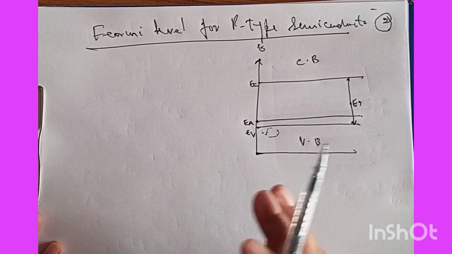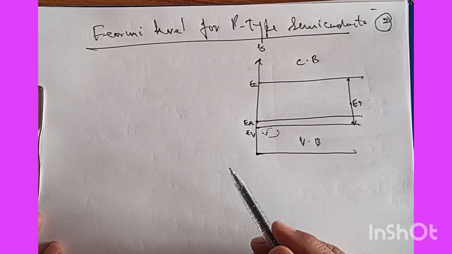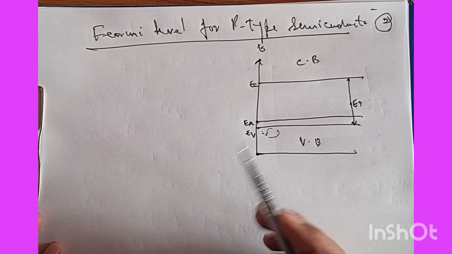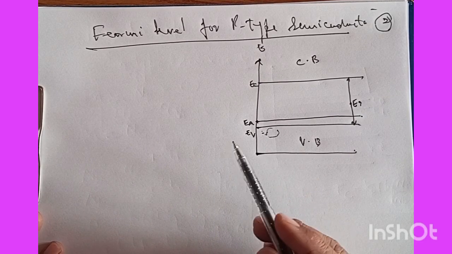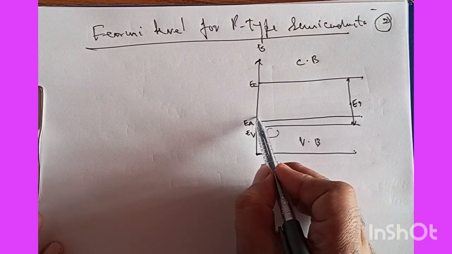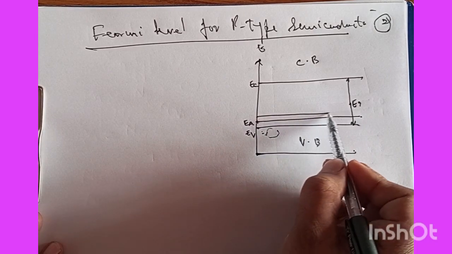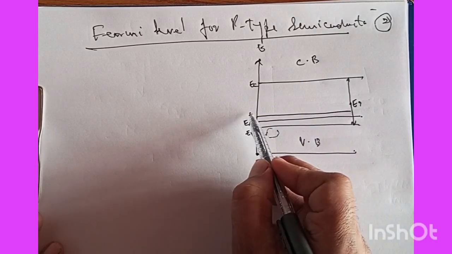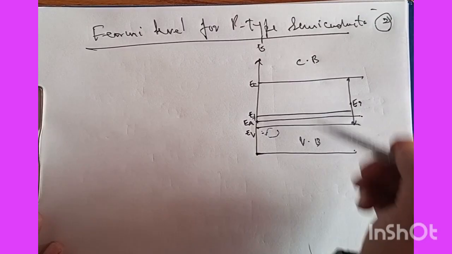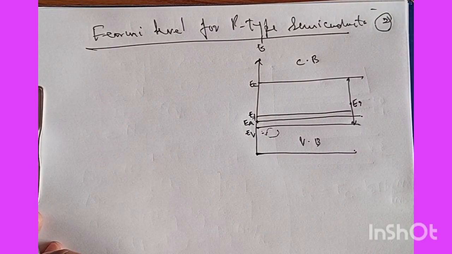So this certainly shifts the position of the Fermi level. This shifts the Fermi level towards the valence band. So in this case, we have Fermi level EF, and that EF is shifted towards the valence band.